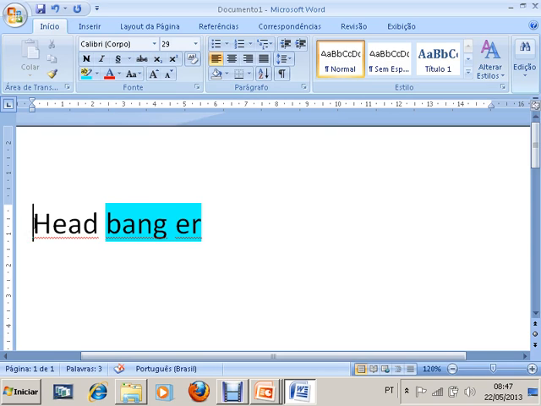Now, when I put these two parts together in one word, I have a process of compound. Very good, Amanda. This word is a compound word that is the root and another word that has already been derived. So I have two processes of word formation for the word headbanger.